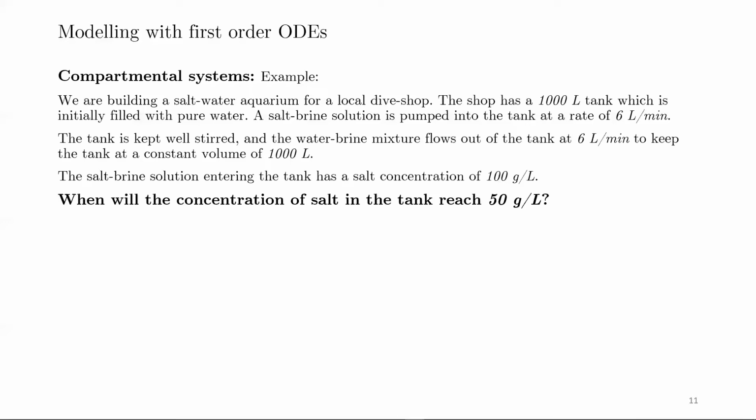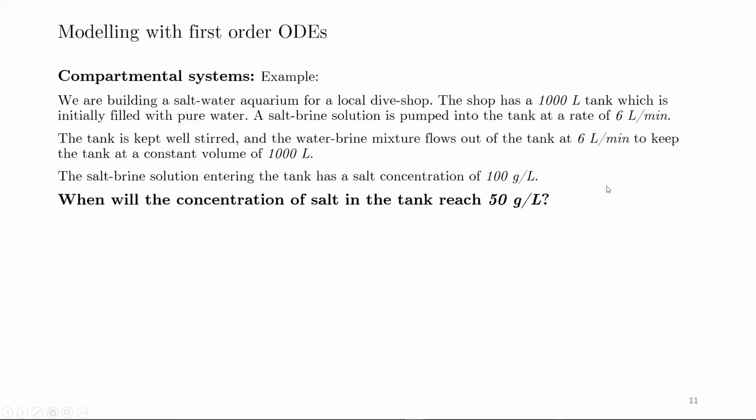And we start pumping the salt brine mixture into the tank at a rate of 6 liters per minute, and that mixture has a concentration of 100 grams of salt for every liter. Okay, so this brine mixture enters the tank, mixes well with the pure water, and the pure water becomes a little bit salty, and then that mixture gets pumped out at 6 liters per minute.